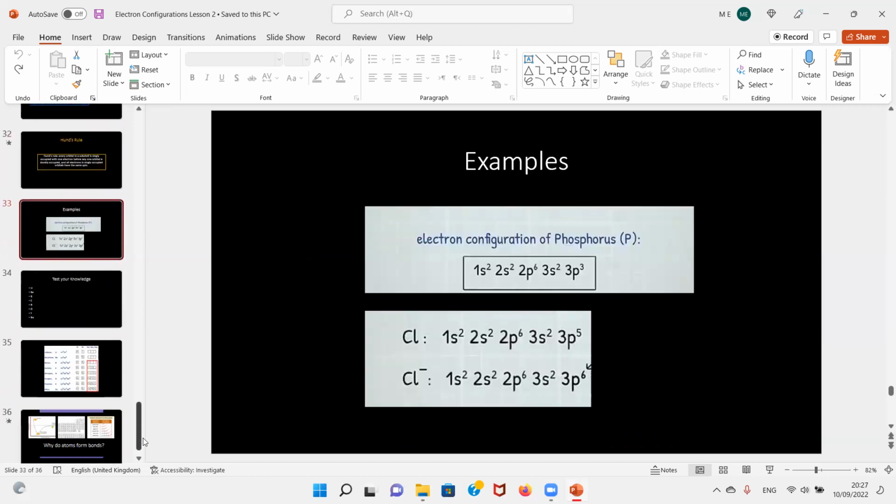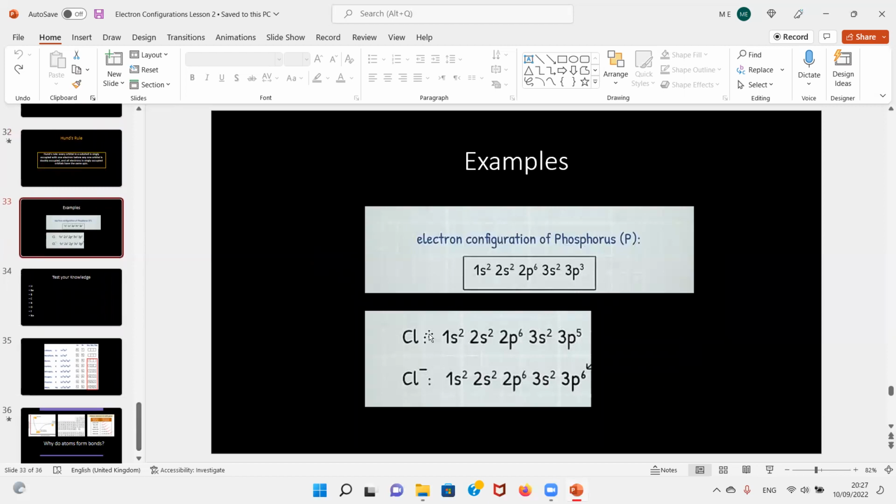Okay, now before we end, let's take this example. In the case of chlorine, here we have the chlorine or Cl atom, and here we have Cl minus. So this is the chlorine atom, and here is chloride, because it is a negatively charged ion. So what's the difference between the two?